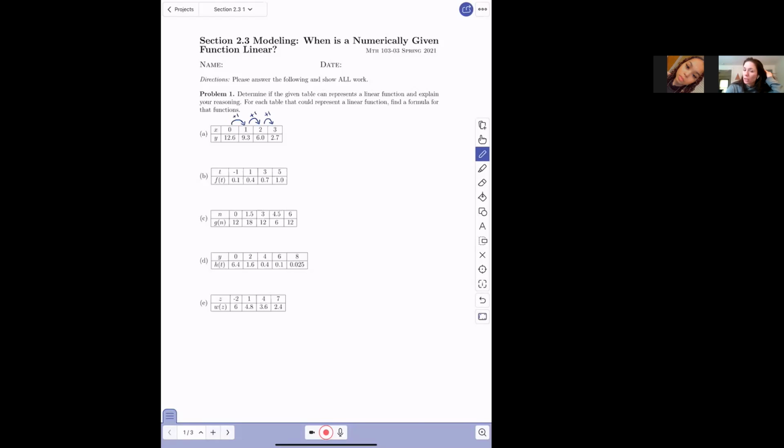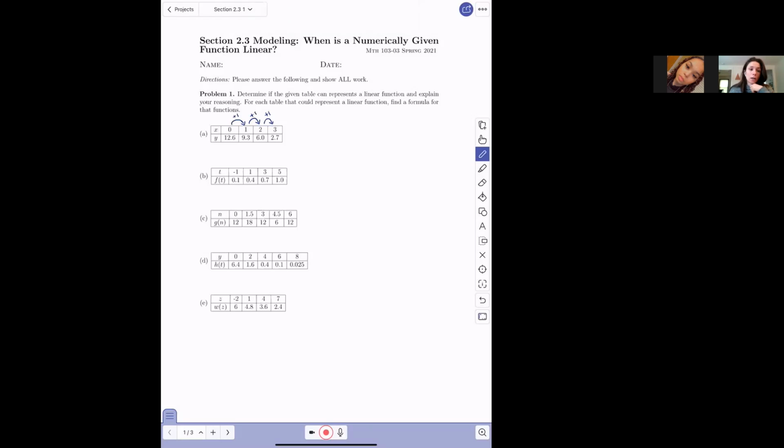We have to make sure that the x values are incrementing at a constant rate because we want to compare evenly spaced values. If you think about a graph, really any x values can be put in a table, but we want to make sure that we're comparing points that are evenly spaced along the x-axis.